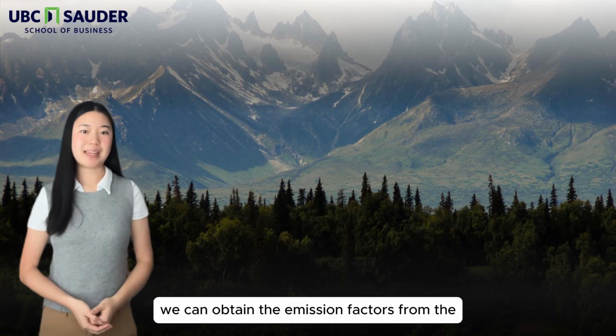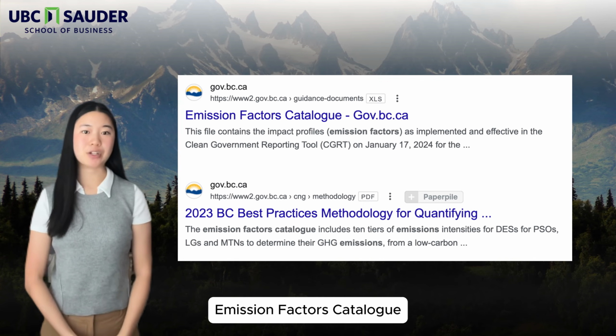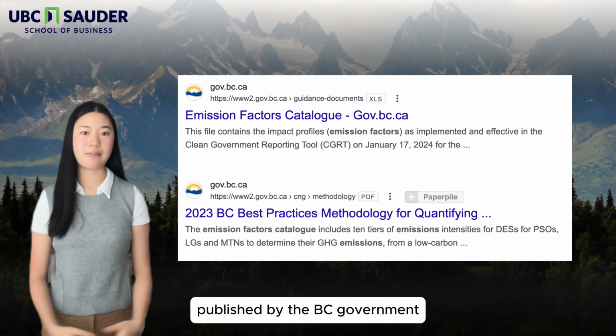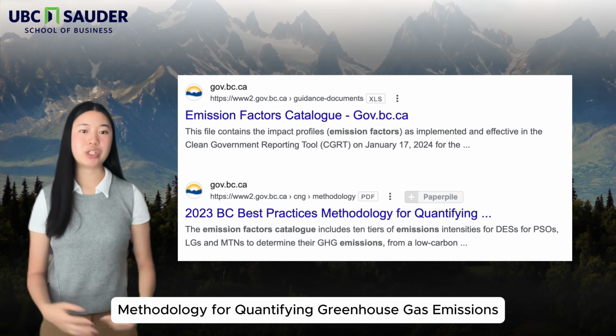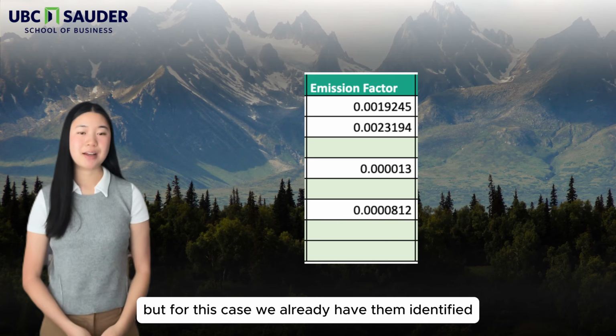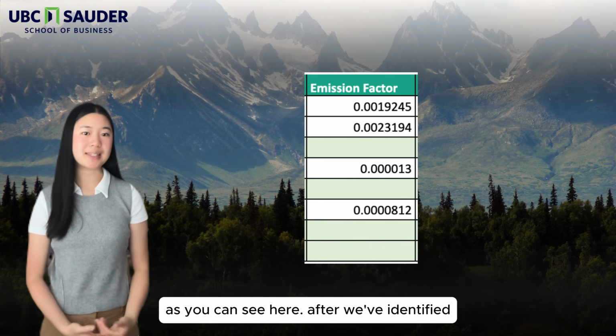Usually, we can obtain the emission factors from the Emission Factors Catalog published by the BC government, which complements the BC Best Practices methodology for quantifying greenhouse gas emissions. But for this case, we already have them identified, as you can see here.